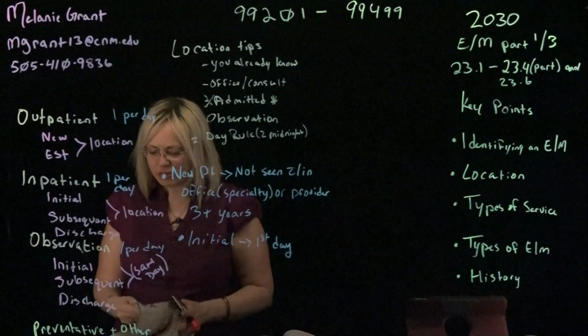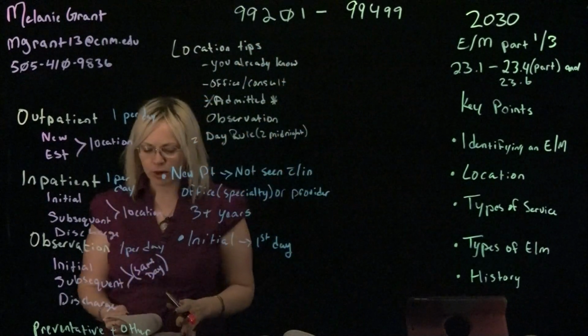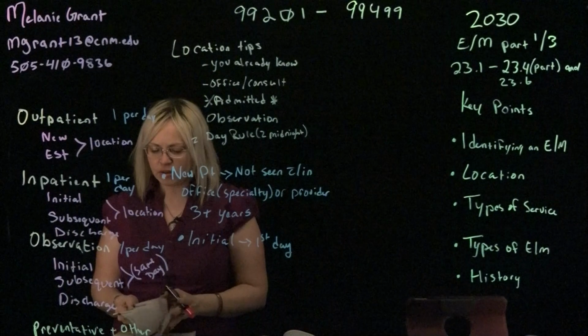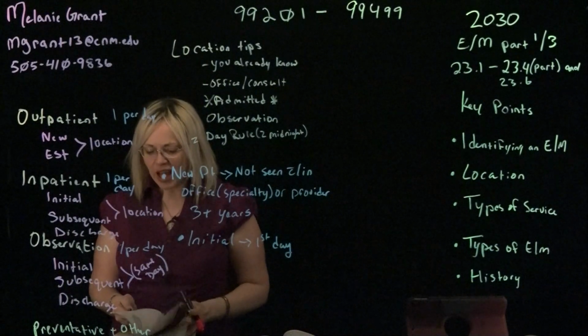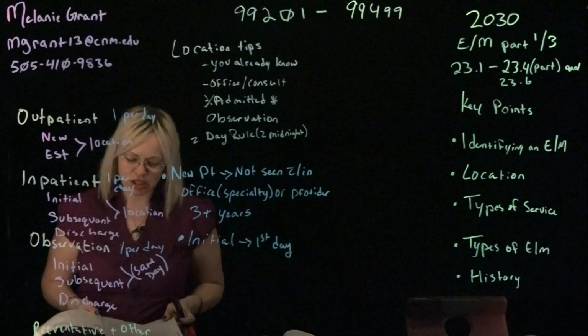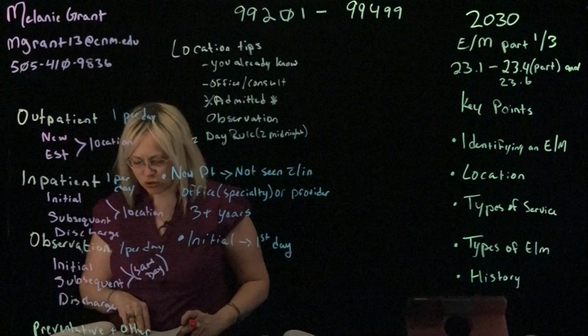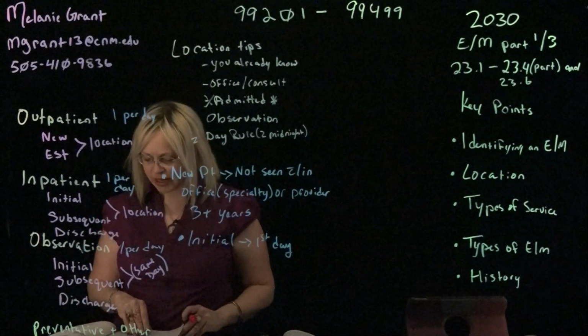So if you look in your CPT book, we're looking at sections 99201 through 99499. And this is going to be found typically in the very beginning. I have a different book than you guys do for this class, so mine has different pages. But you want to turn to the section for evaluation and management 99201 through 99499.